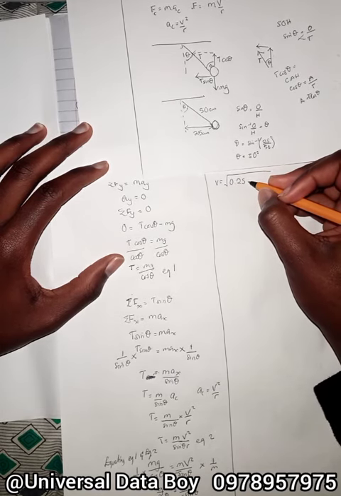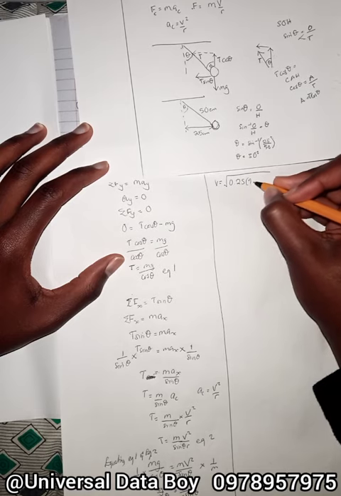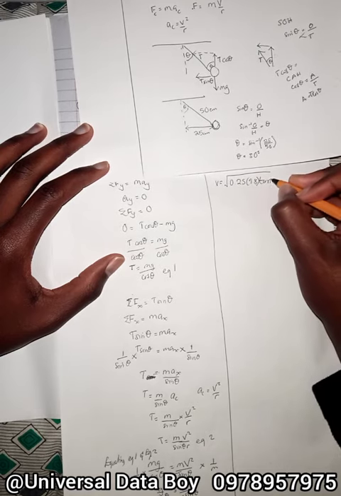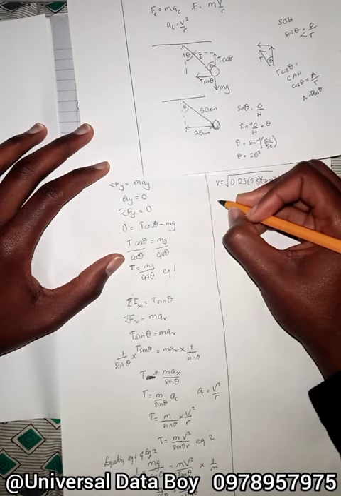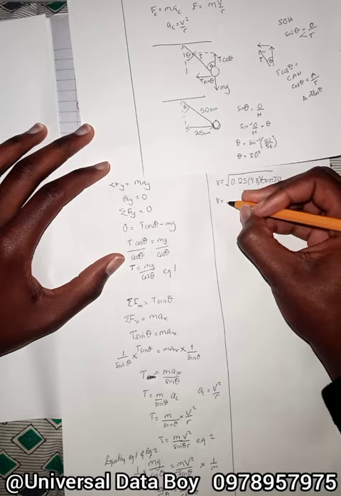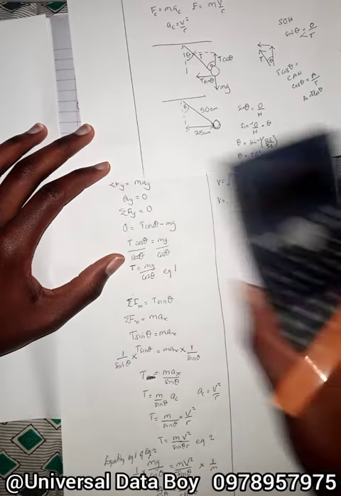Then our gravity is 9.8 near the surface of the earth, then our theta is 30, and that's all. You are going to find the velocity, although it's not actually the end of the problem.